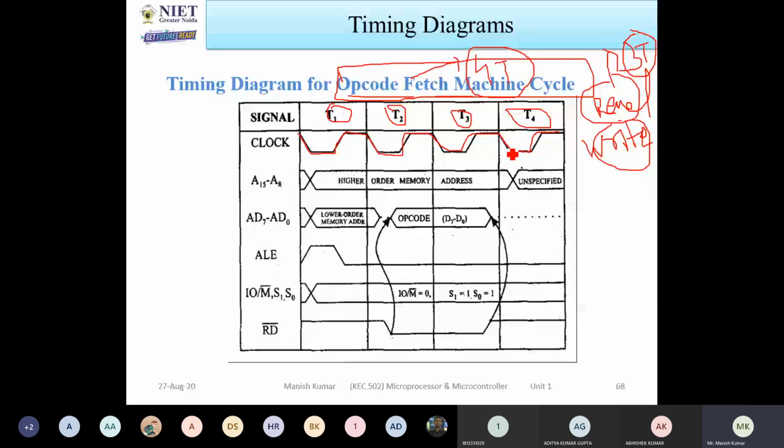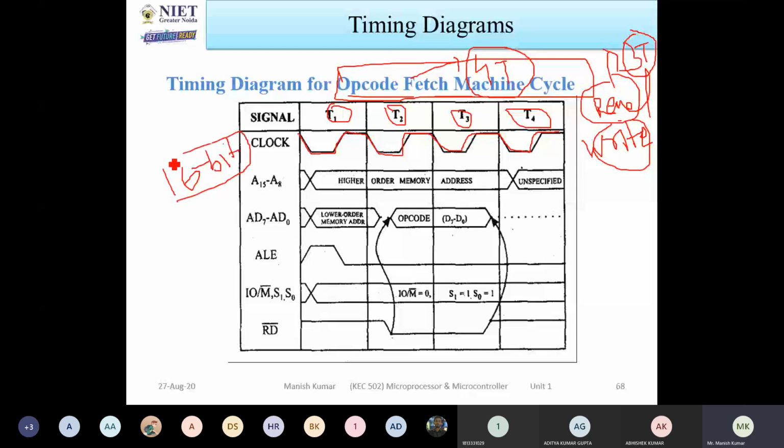If you don't know the address of that particular location, you can't fetch the opcode. Okay, so for that purpose, we require a 16-bit address for locating the memory location.